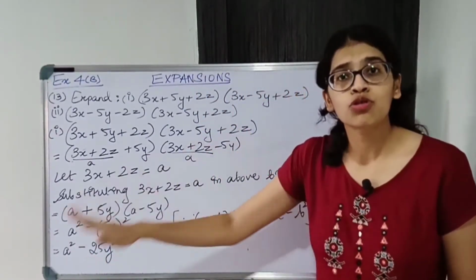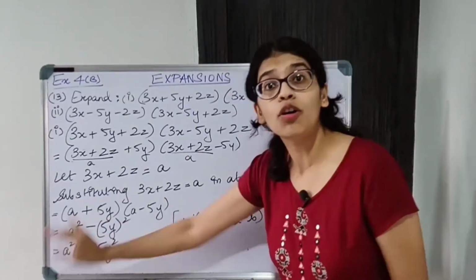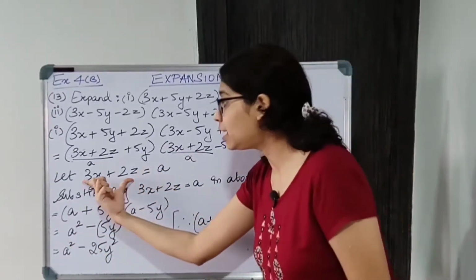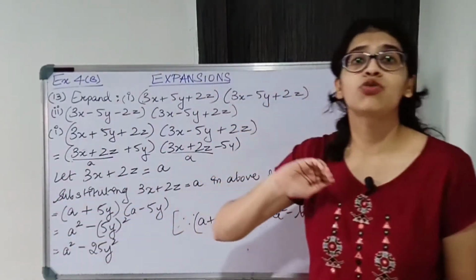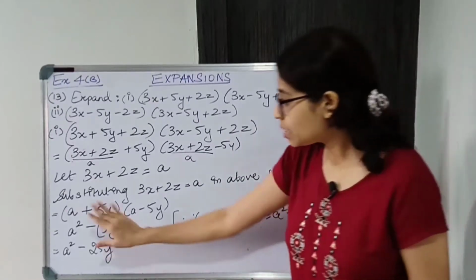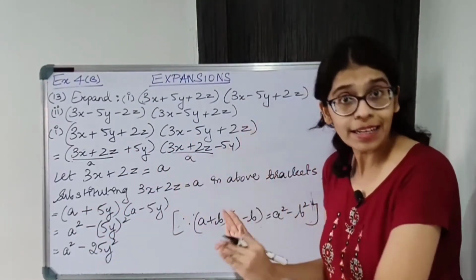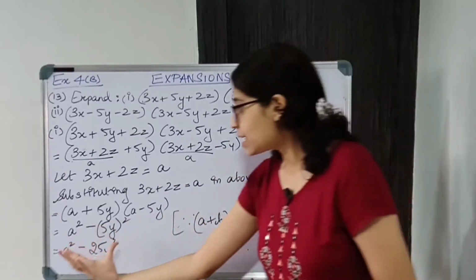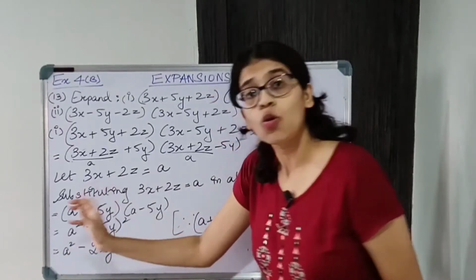Now don't stop over here. You need to resubstitute the value of a. A is 3x plus 2z. So we'll resubstitute 3x plus 2z now. Okay, this is simplified now. Brackets are open. We got expanded form. So this is expanded form but not in original form. We need to bring this in original form.